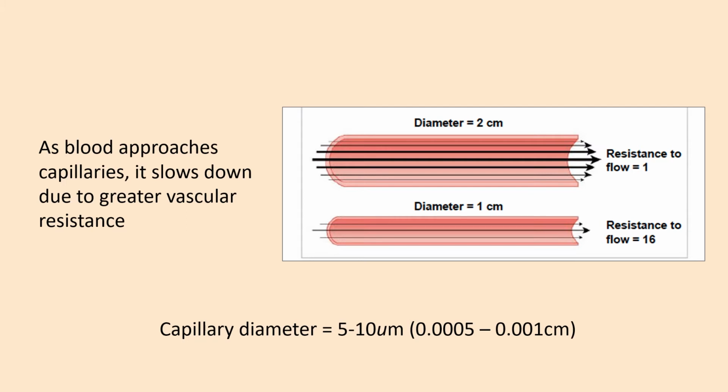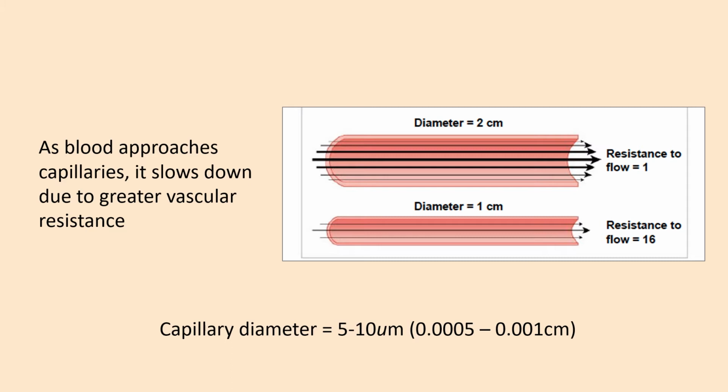Here we can compare two vessels with two different diameters and think about how much friction is influencing the rate at which blood flows through each vessel. So up top we have a larger diameter vessel, and again we see a similar setup with arrows of different lengths in different locations inside that vessel.